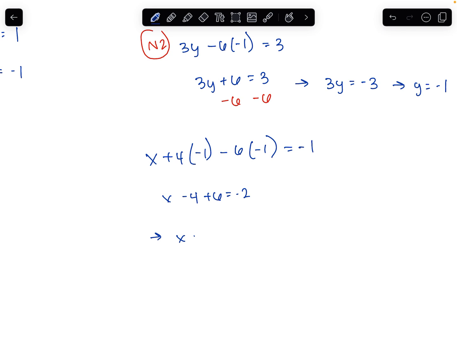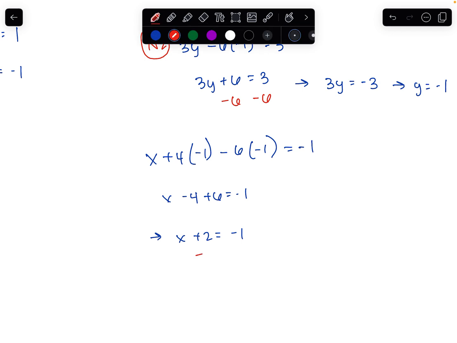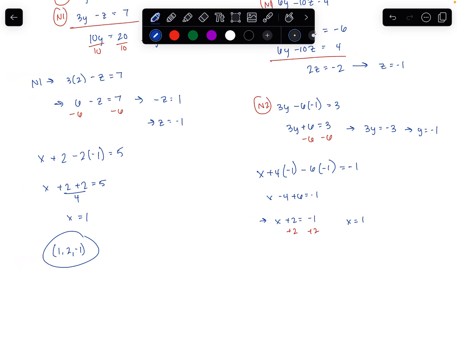So that's x plus 2, whoops, don't know why I wrote -2 right there, is equal to -1. And then I will subtract 2, and I get x is equal to 1. These are very, very nice solutions, which we like to see. So the solution here would be 1, -1, -1.